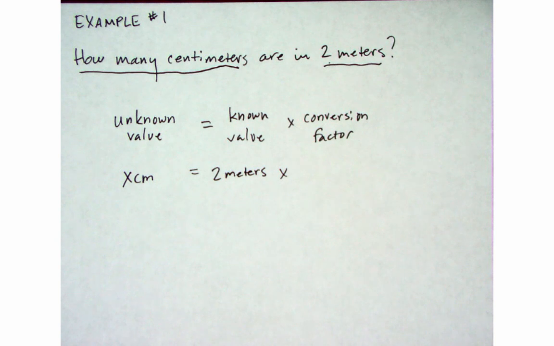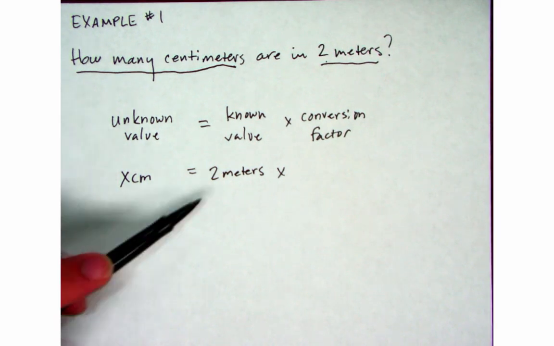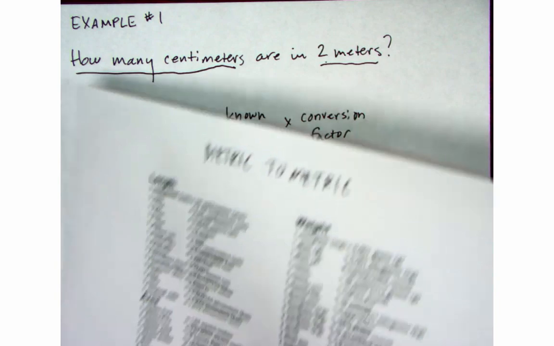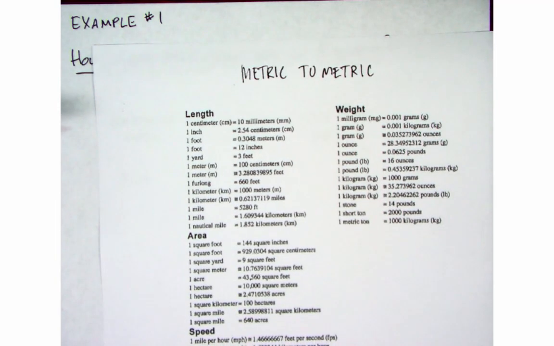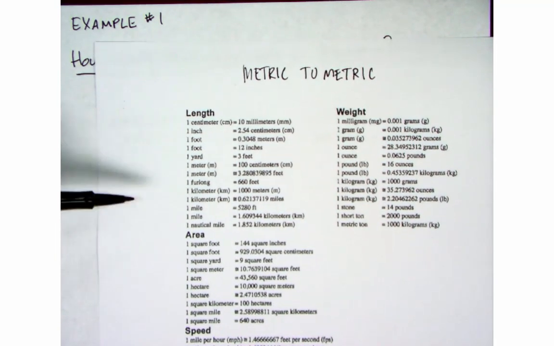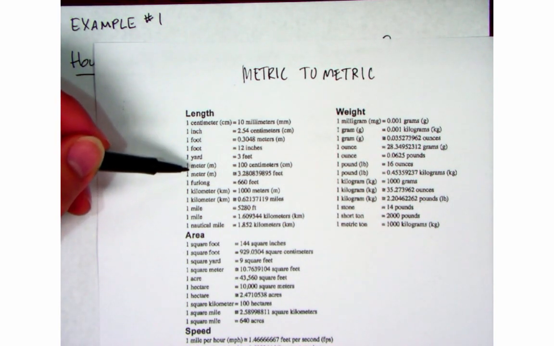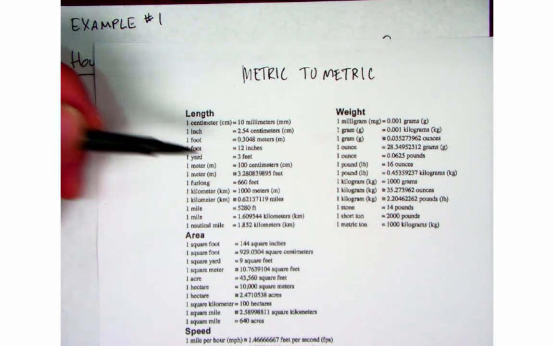Now, I need a conversion factor. I need something that sets meters and centimeters together. So I'm going to look on my conversion factor sheet and see if I can find something that sets meters and centimeters together. And sure enough, here I have 1 meter equals 100 centimeters.